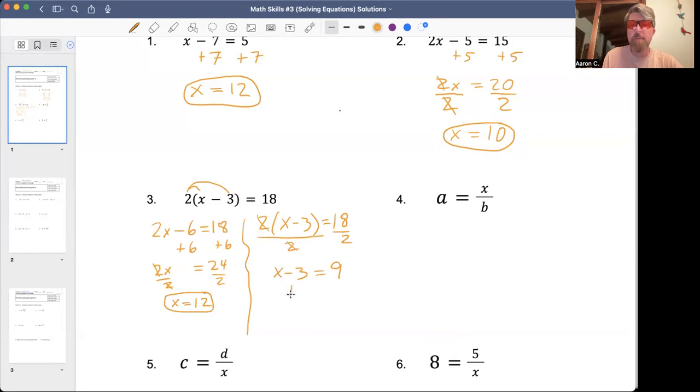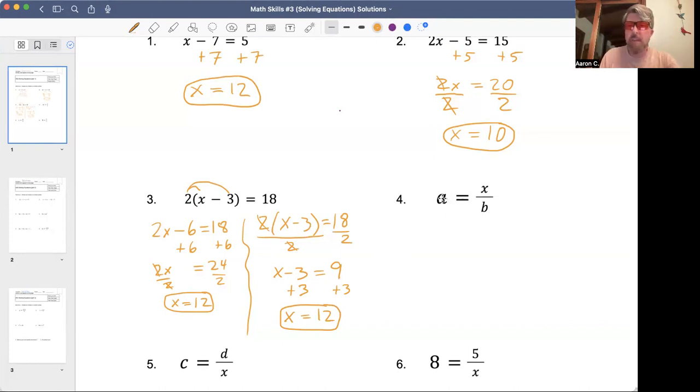We're going to add 3 on both sides so we can make that add up to 0. So minus 3 plus 3 adds up to 0. Now I have x equals 9 plus 3, which is 12. There are two different ways to solve this one. You don't have to do both. You can just do one or the other, and they both give us the same answer.